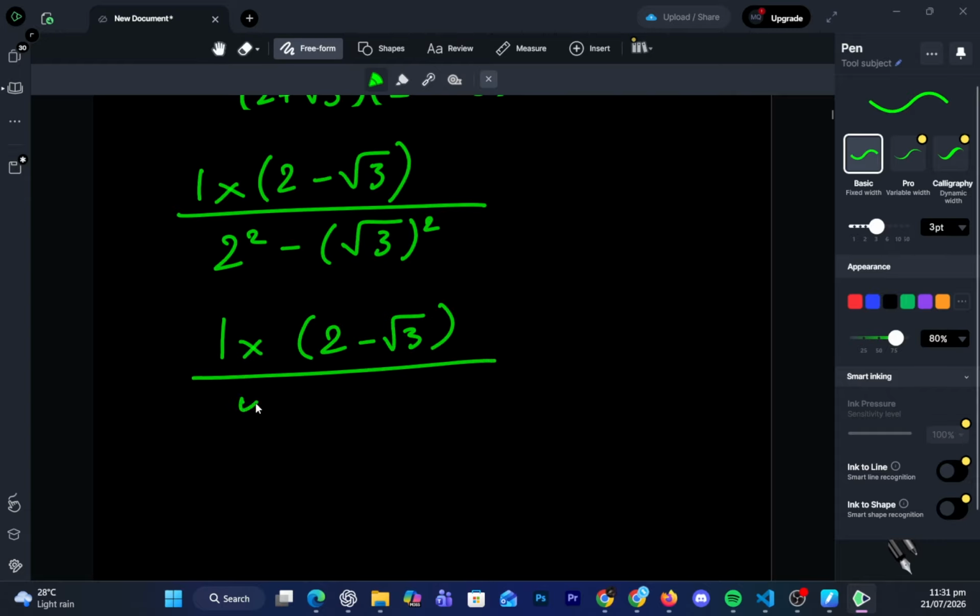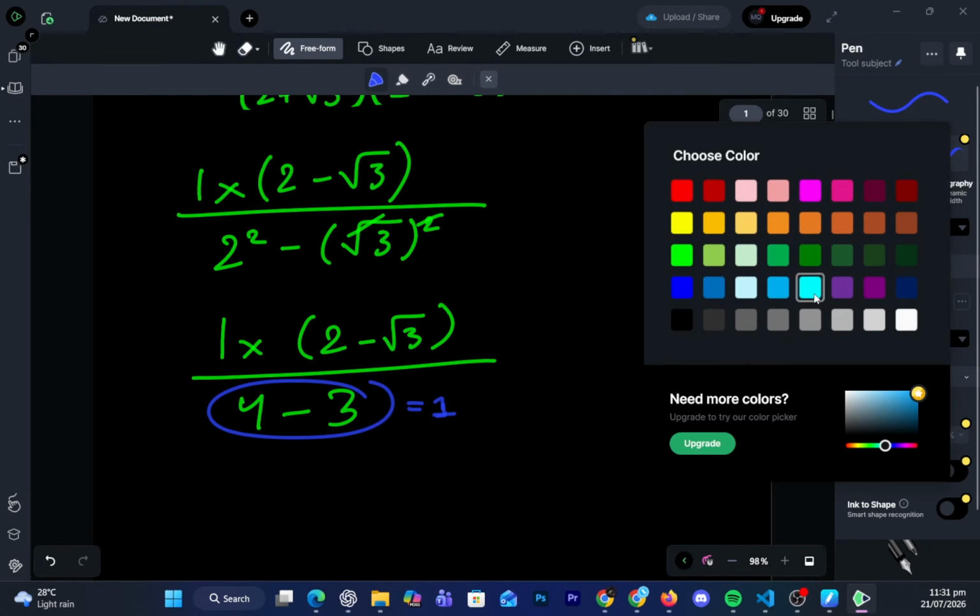Now 2 square is 4, and the square cancels with the under root, so this becomes 3. Now 4 minus 3 equals 1. So the denominator equals 1.